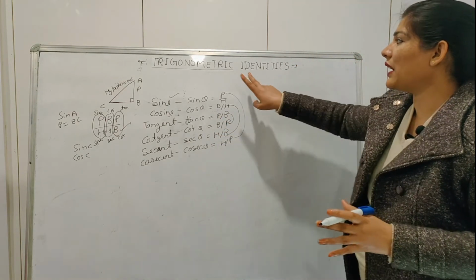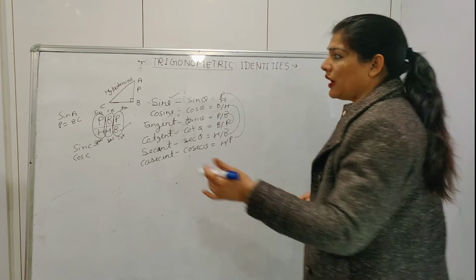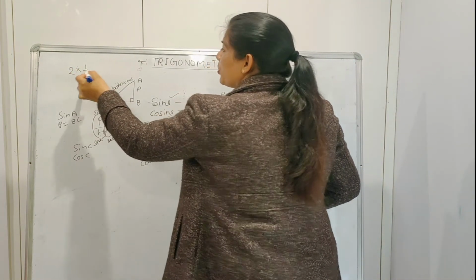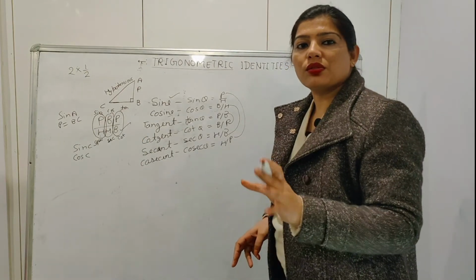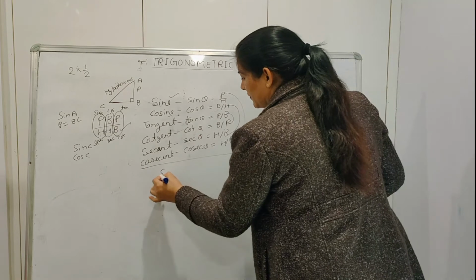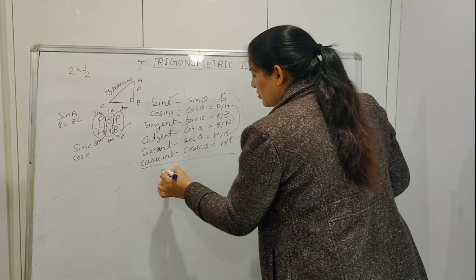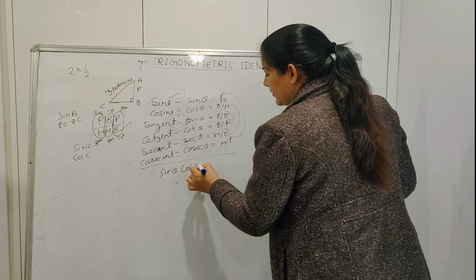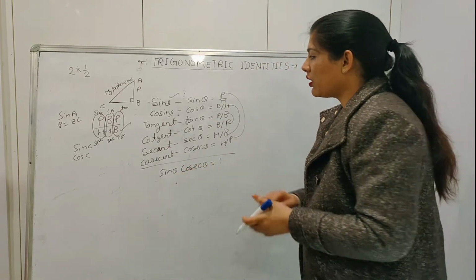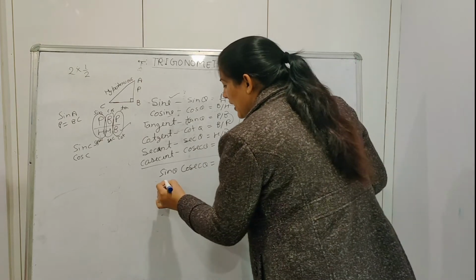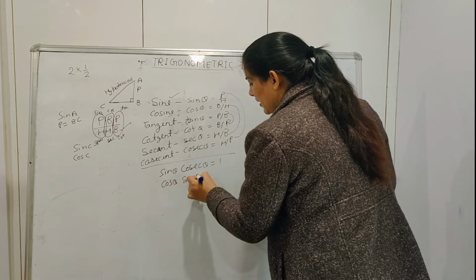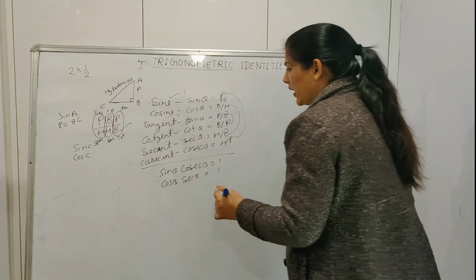That means we have three rules. If I have a number and its inverse, then the multiplication of that number to its inverse is always equals to 1. So as like that, sine theta into cosec theta is equals to 1, as they are the reciprocal of each other. And cos theta multiplied by sec theta is also equals to 1.